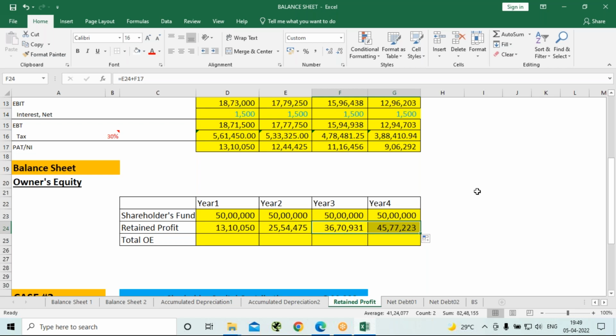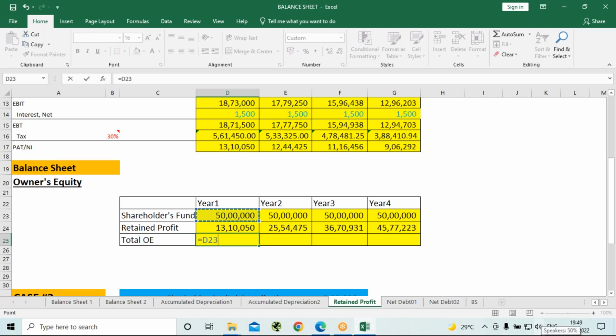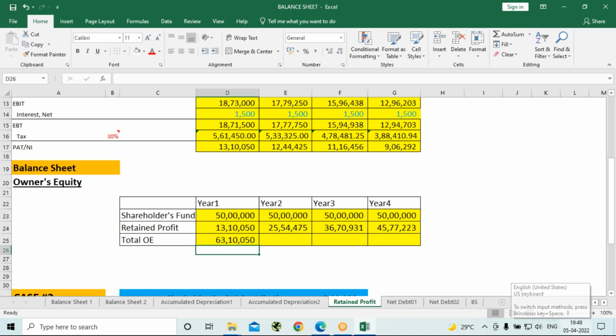In the retained profit, it is going to be this year, whatever the profit value is there, plus the previous year total profit, and the total owner's equity value will be equals to shareholders fund plus retained profit. So this is how you can be able to calculate the retained profit value.